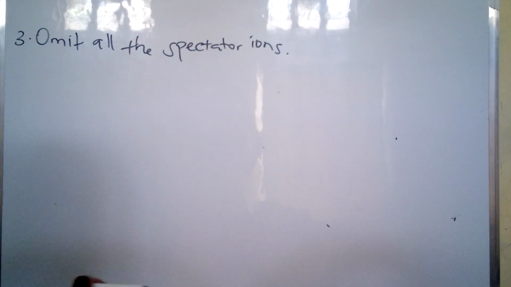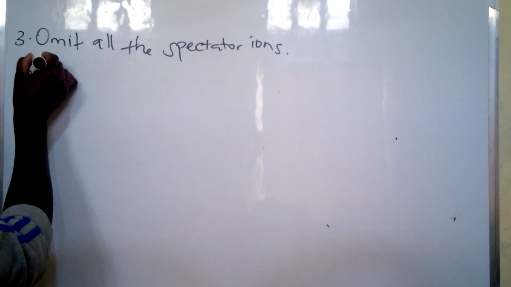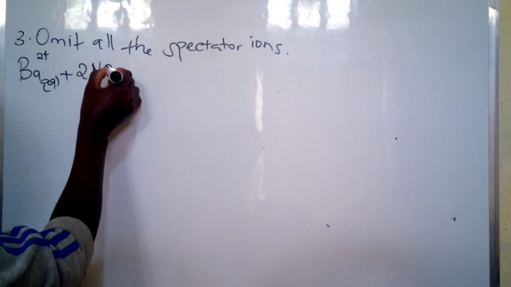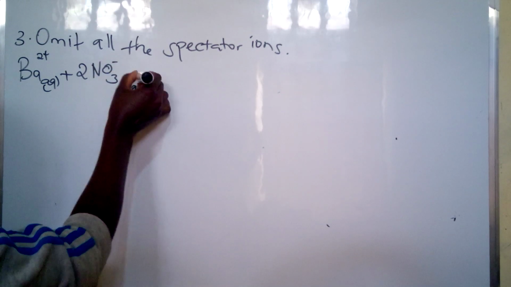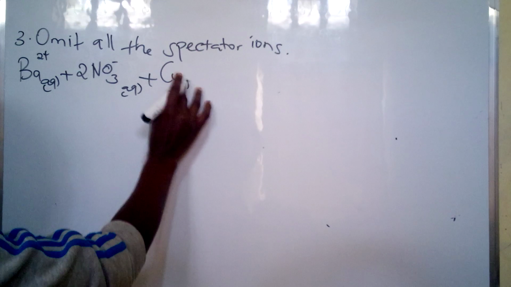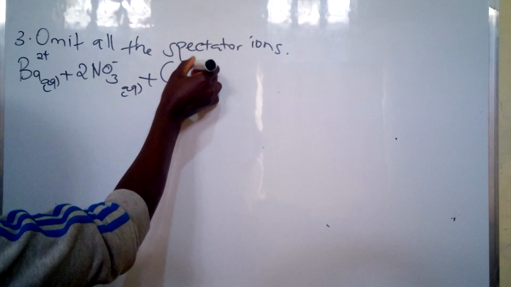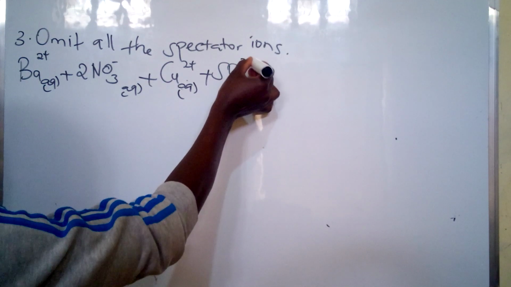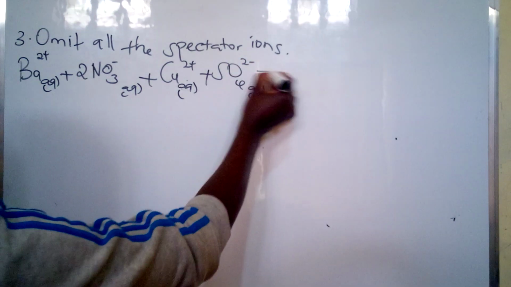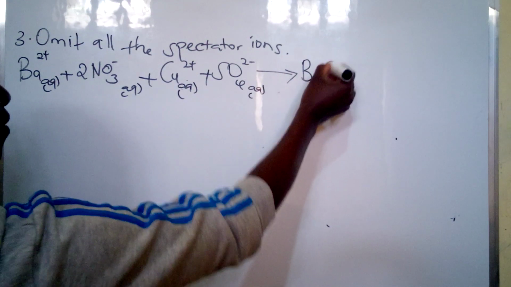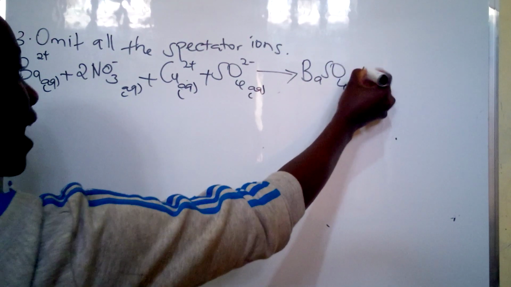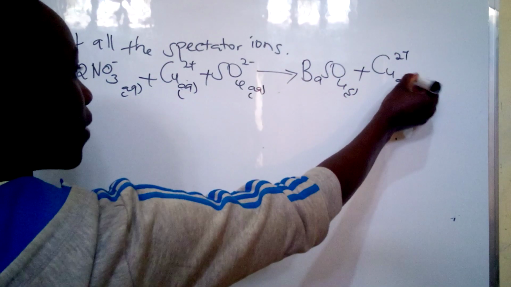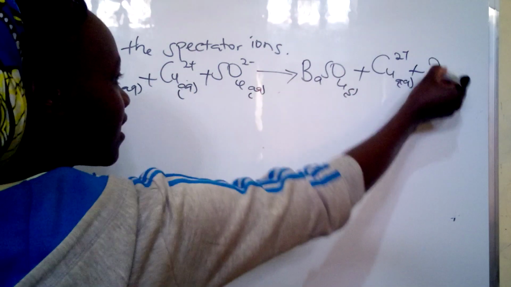So in this case we had barium 2 plus aqueous plus 2 nitrate aqueous plus copper 2 plus aqueous plus sulfate ions 2 negative aqueous. Then on the product side we had barium sulfate solid plus we have copper 2 plus aqueous plus 2 nitrate ions.